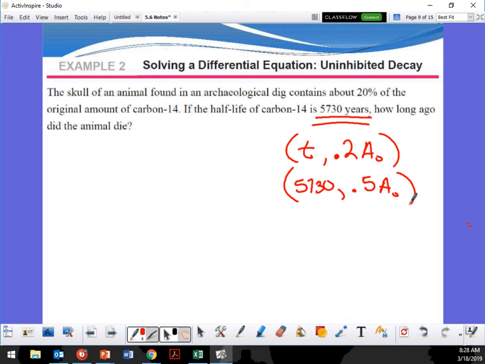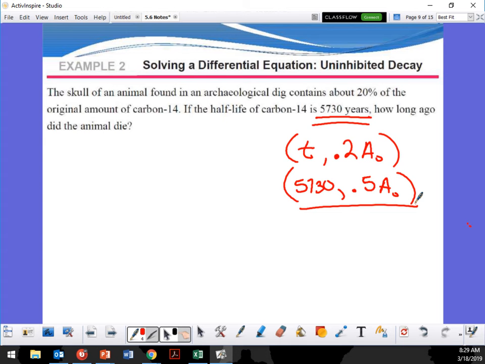Yeah, 20%, 0.2. So now I have two places. I need to use this one to give me K. Does that make sense? I have a point that is going to be my T value, and my A sub naught. It really doesn't matter if it says so many micrograms, or milligrams. It's really, really small amounts of the radioactive substance.